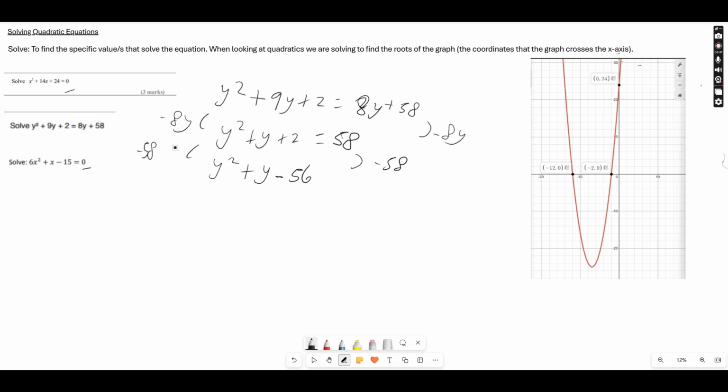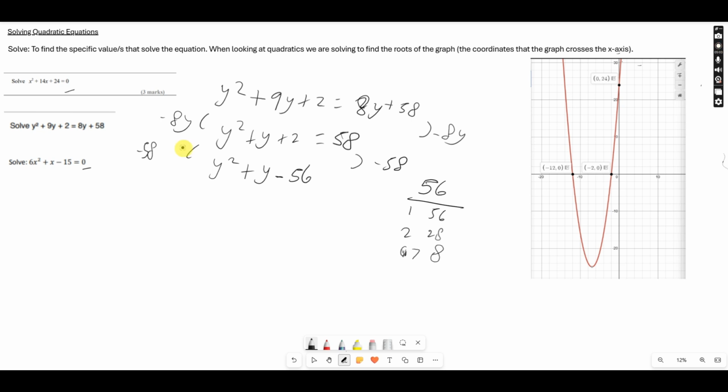So similar to the first question, I'm just going to write down the factors of 56 here. We've got 1 and 56, 2 and 28. It doesn't go to 3, 4, 5. So I think the next one will be 7 and 8.